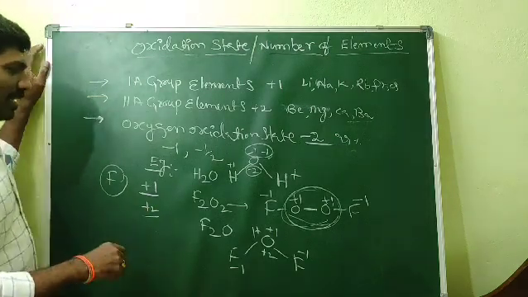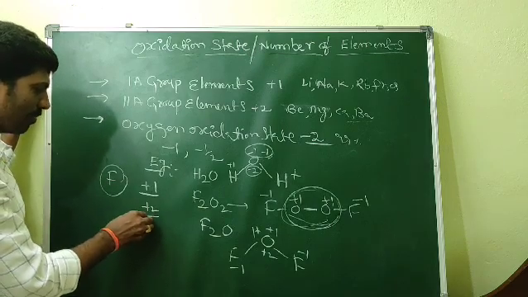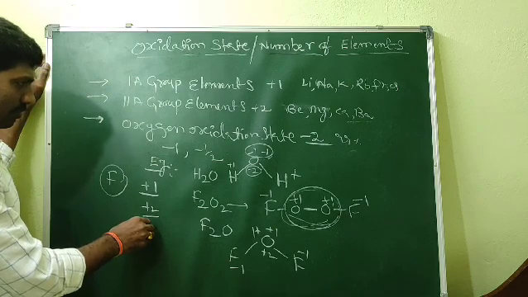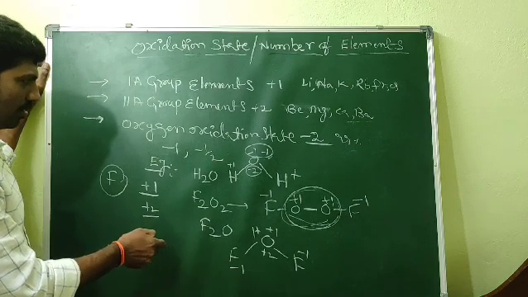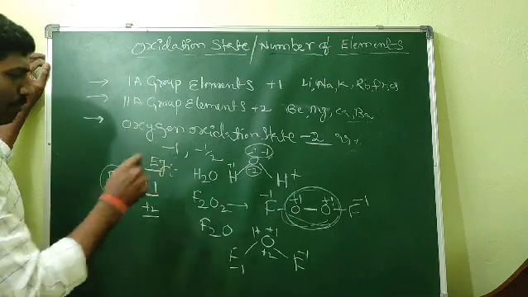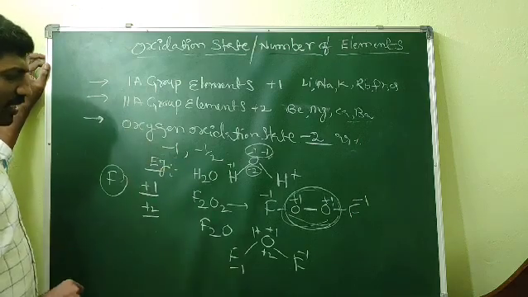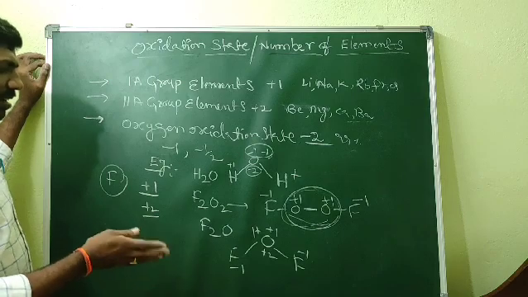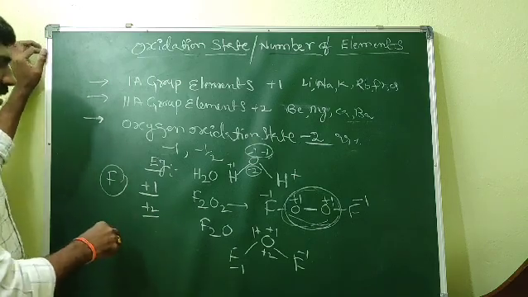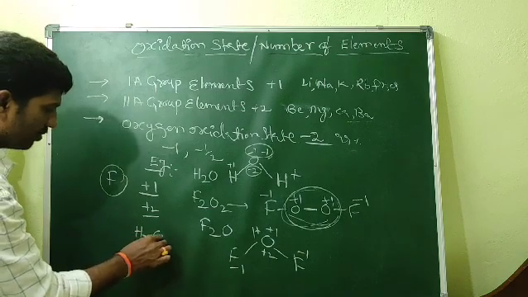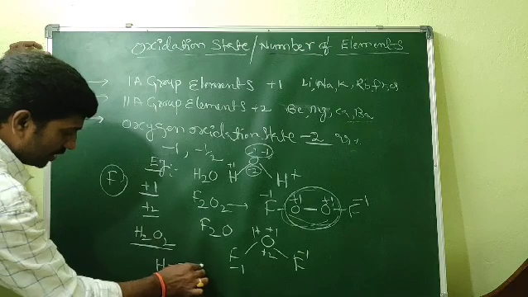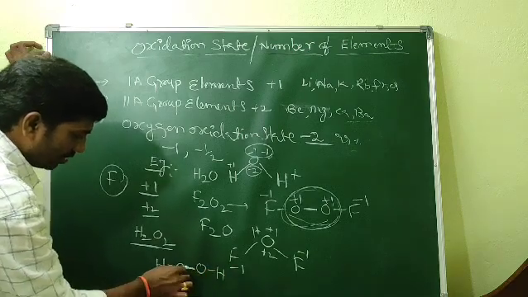Next, when will -1 come? For oxygen, the oxidation state -2 is there, +1 is there, and +2 also when it is in contact with those atoms. Hydrogen peroxide, H2O2, you can take as an example. Here hydrogen, oxygen, oxygen, hydrogen, this is the peroxy bond.